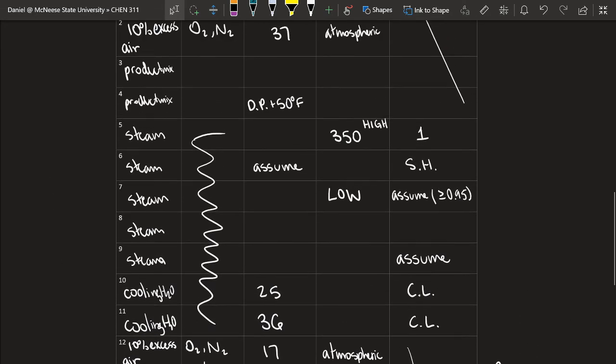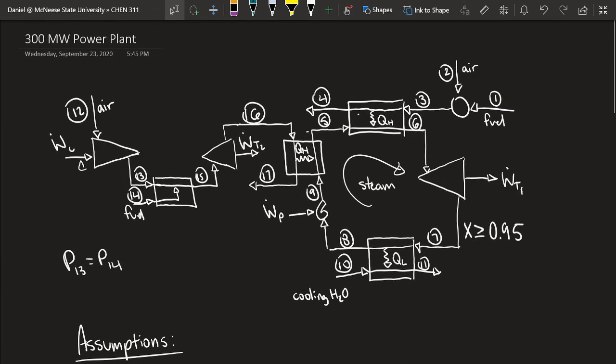Oh, dew point plus 50 degrees. I didn't mention that. Right here at state 4, you're going to cool down this product mix using the heat exchanger to whatever its dew point is, plus 50 degrees, so that it doesn't create dew. You don't want the water to condense.